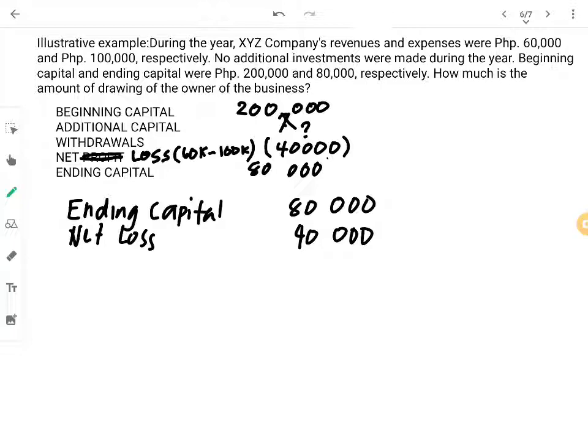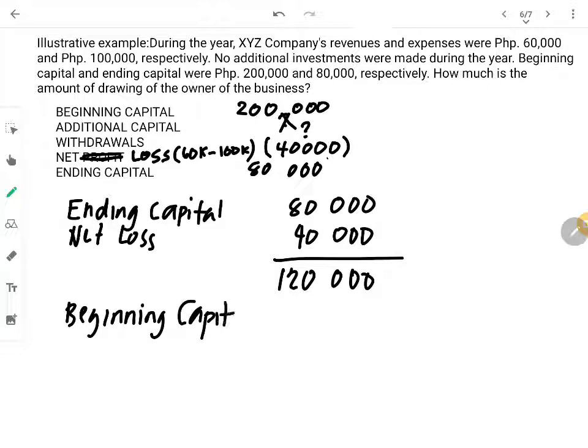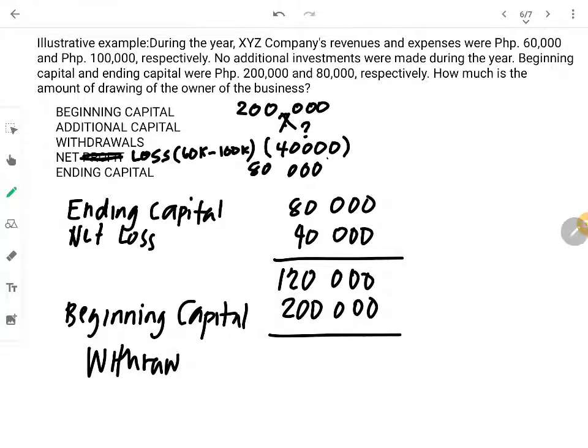And then, sa beginning capital naman is 200,000. So, that is 80 plus 40, 120,000 minus beginning capital of 200,000. So, our withdrawals is 80,000.